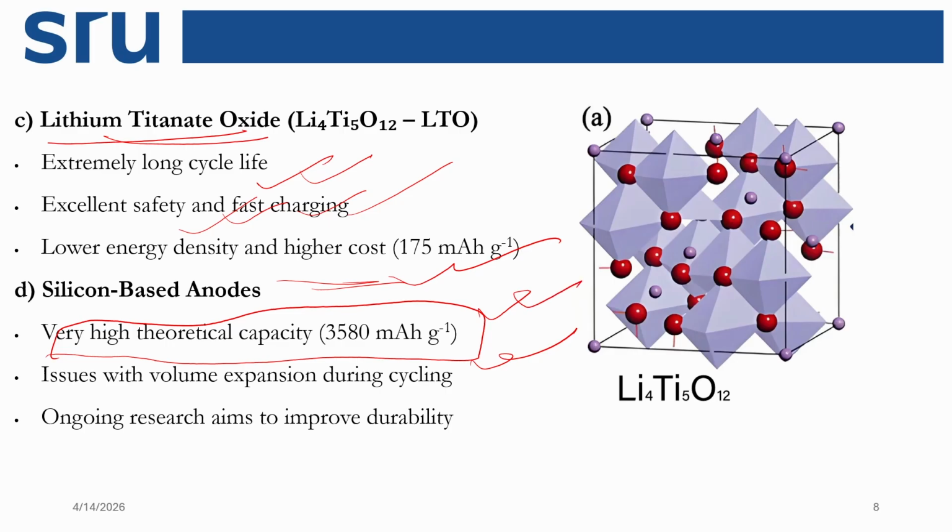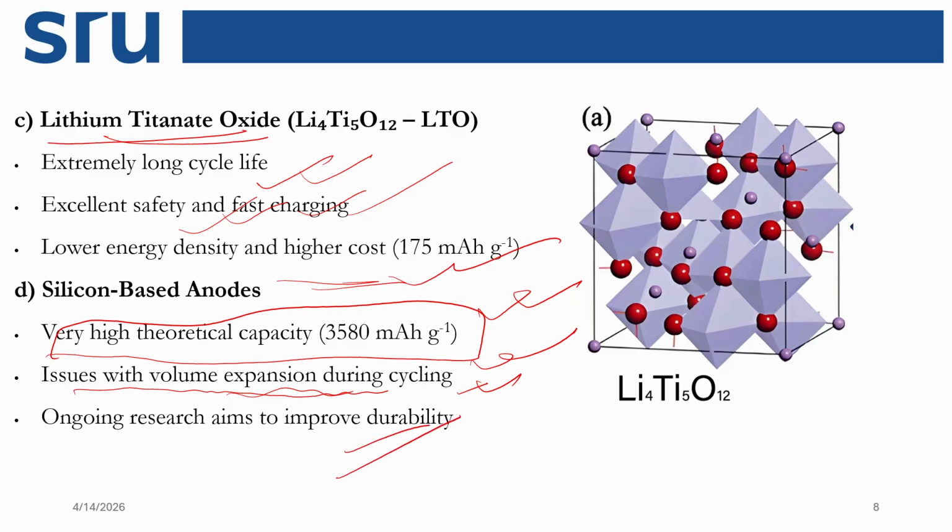But the problem is that during charge and discharge, during the lithium ion desertion and insertion process, there is a volume change or expansion of the compound during cycling. Because of this, the stability of the compound is very low. That's why after a few cycles the performance decays very badly.